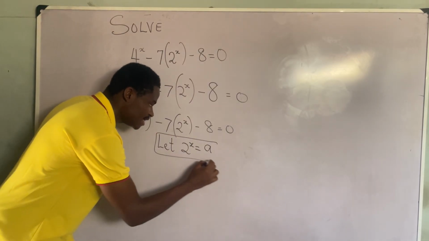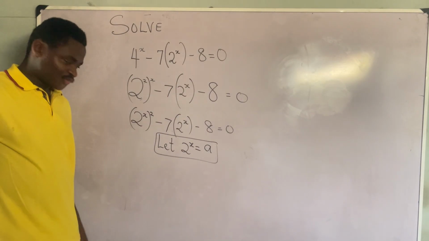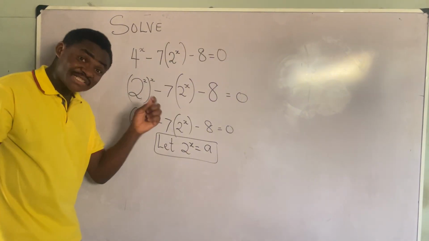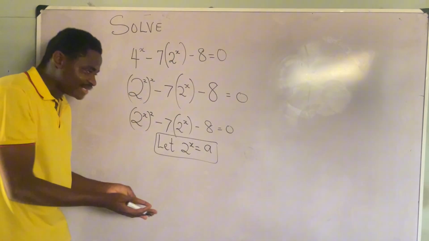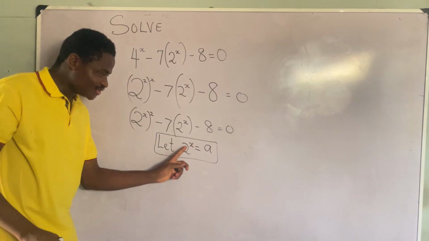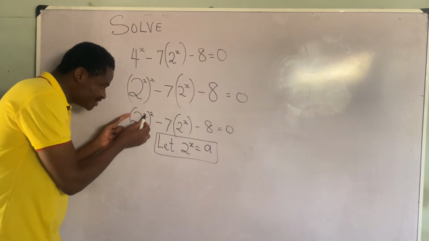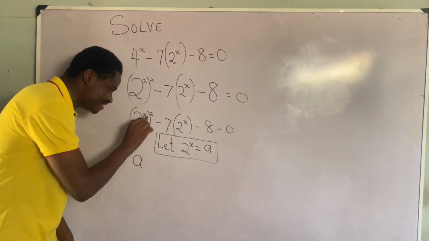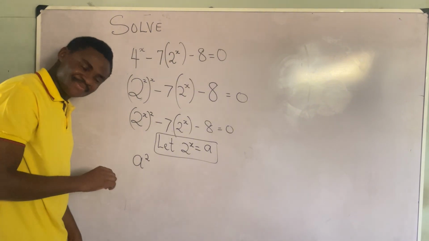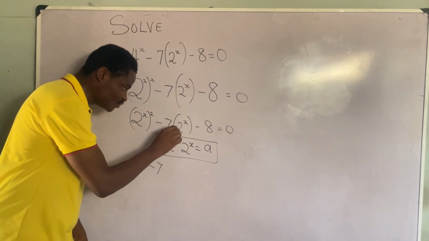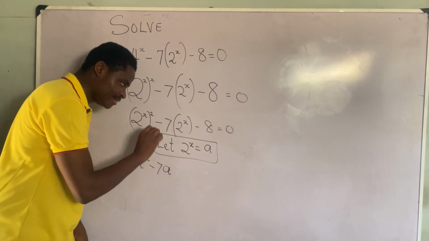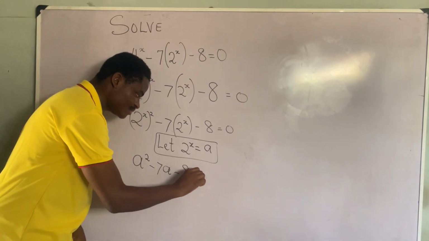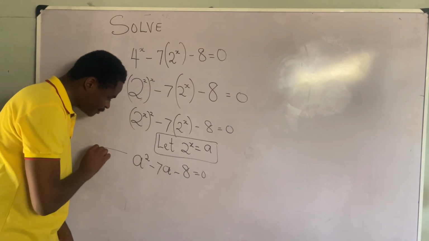So anywhere I see 2 to power x, I replace it with a. So I have a, raised to power 2, minus 7a, minus 8 equals to 0. This is the new equation I'm going to solve now.